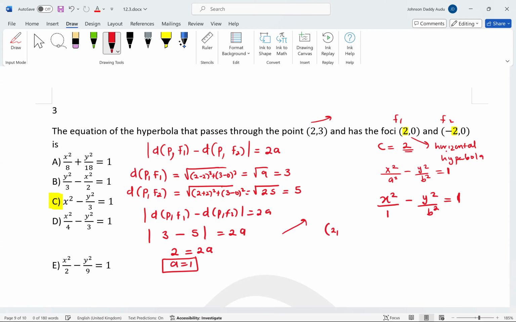Here is 2, 3, so I can take x to be 2 and y to be 3. This will be 4, and y will be 9 over b squared equals 1. So what that means is that 4 minus 1 is equal to 9 over b squared.